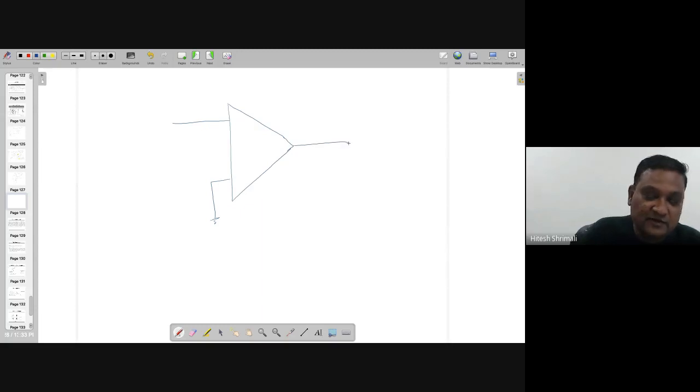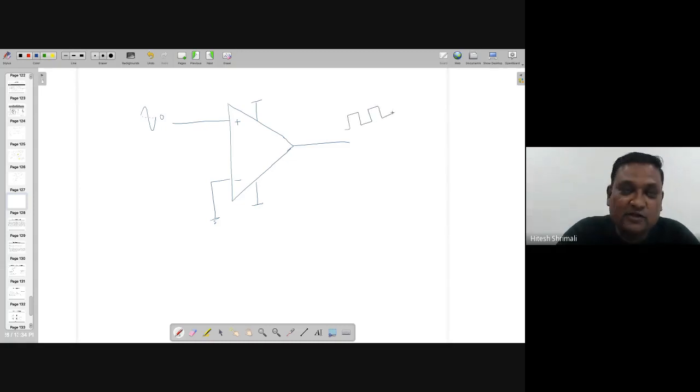Let's assume that I have designed a circuit which is an operational amplifier like this. This is also known as a zero crossing detector, right? So when input is crossing from below 0 to above 0, the output is 1 and 0, right? You must have seen it.